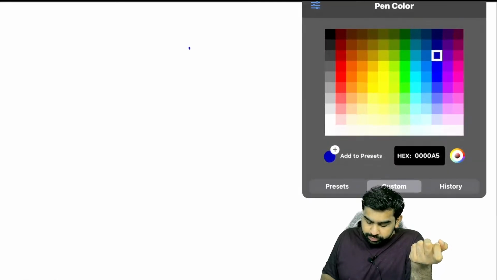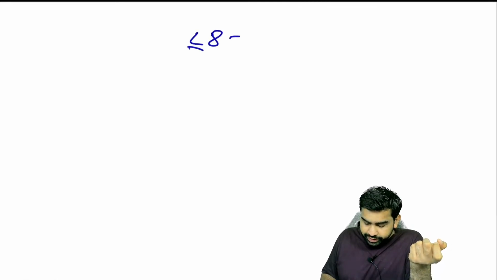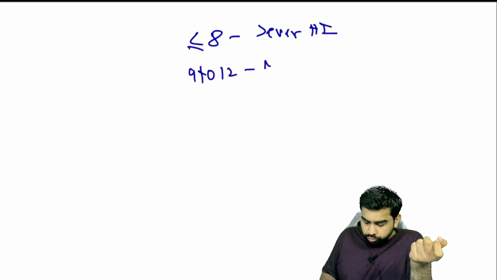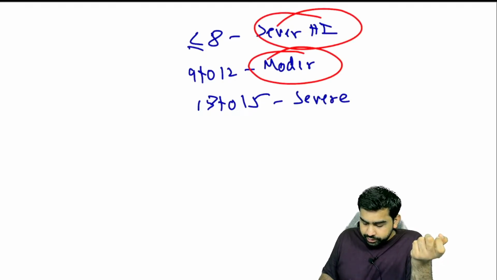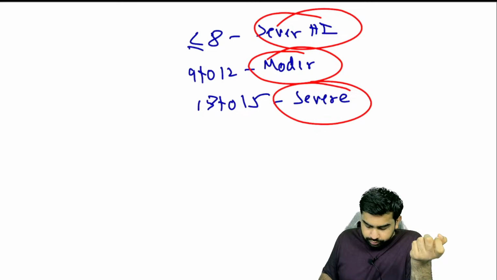Now based on that you divide. If the GCS is less than or equal to 8, this is a severe head injury. If the GCS is between 9 and 12, this is moderate. And if it is 13 to 15, that is your mild head injury.